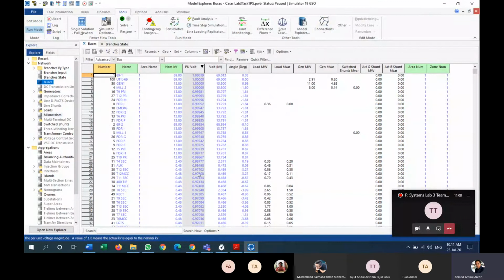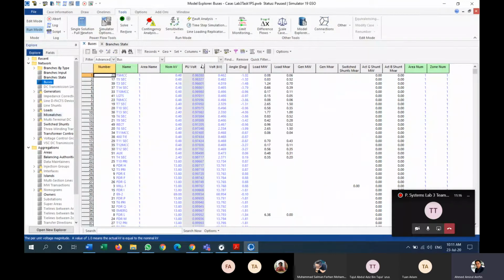So you don't have any buses experiencing a voltage less than 0.95, because the lowest one is 0.96. So it's okay with that.